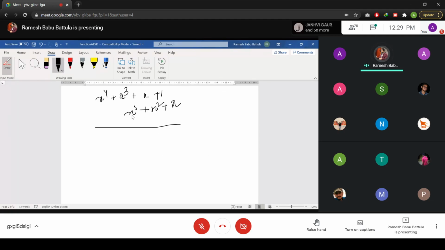First you multiply with x, so you write it down like this: x into x to the power 4, you may choose x to the power 5, plus x to the power 4, plus x square, plus x.